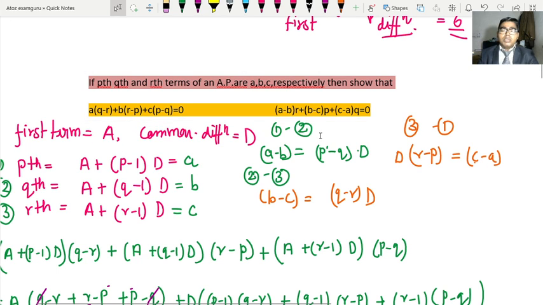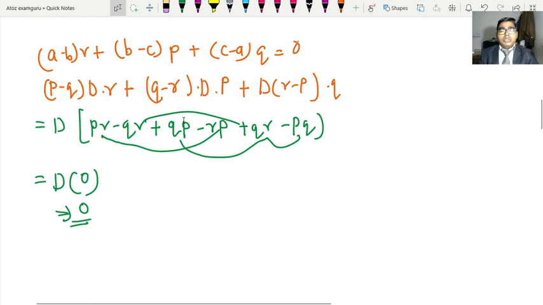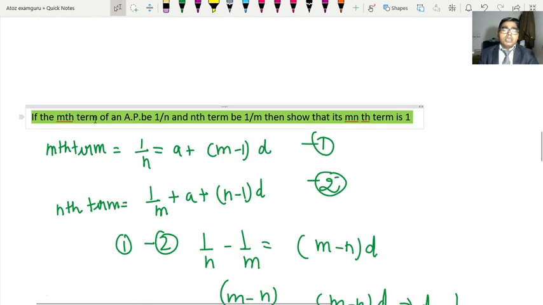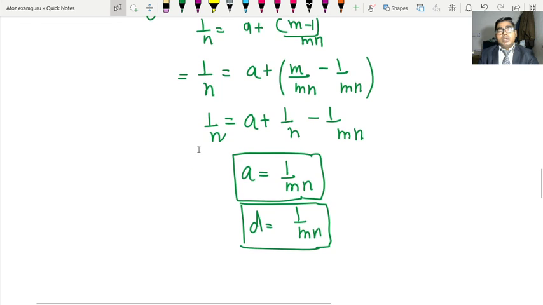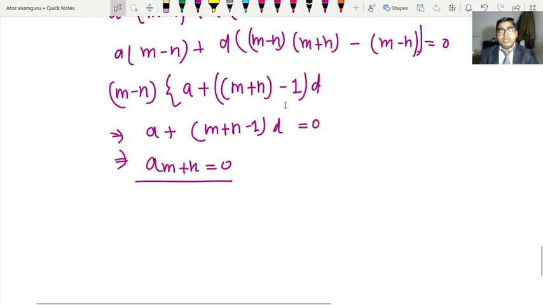Similarly, we subtracted the equations suitably, put in the values and found the result. And in this case we were given the mth term and nth term, and by using the above formula an equals a plus n minus 1 into d, we proved the result. And in this question also, using the given condition and the formula, we proved what was asked.